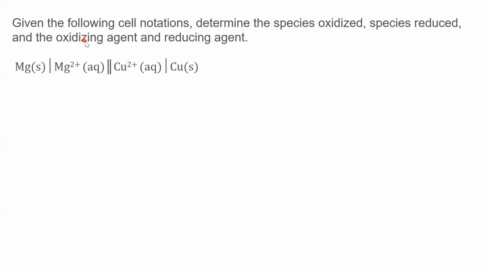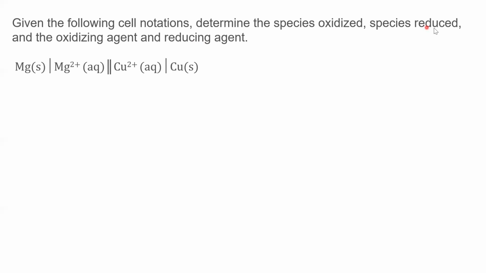Now, we actually didn't talk about the terms oxidizing agent and reducing agent yesterday. The substance that's oxidized is losing electrons, and when it loses electrons, those electrons are going to cause something else to be reduced. So the substance that's oxidized is the reducing agent.